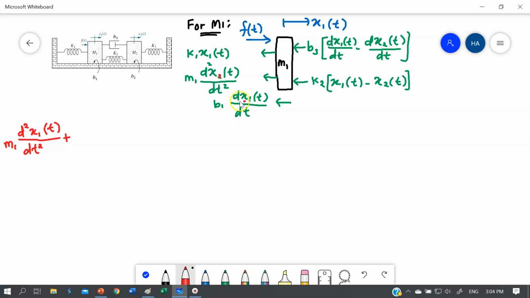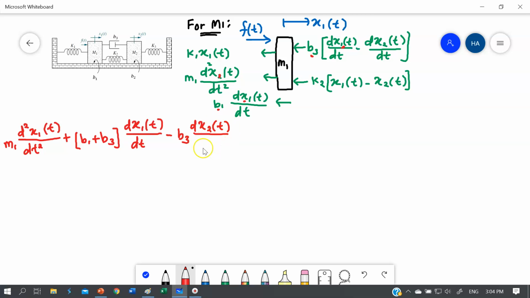The X1 here is multiplied with B1, and here X1 also multiplied by B3. So I can write here B1 plus B3. And then minus, because here I have a minus sign over here. Multiplier is B3, this is dx2.